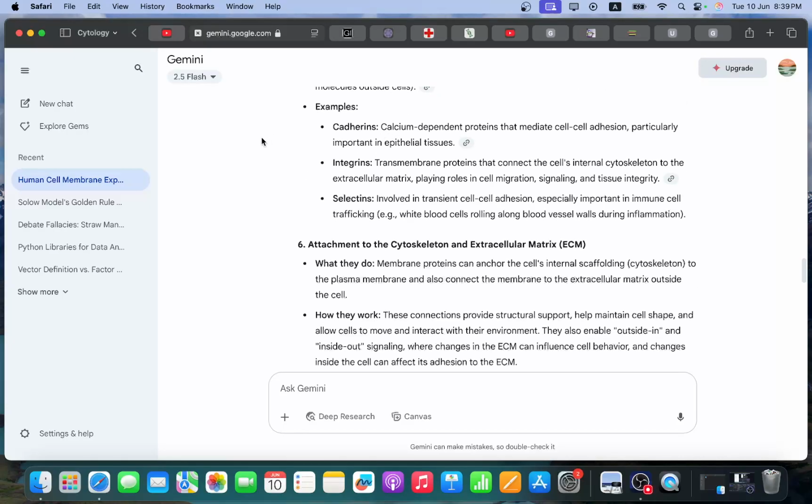Examples: cadherins, integrins, lectins. Do I have to read this? I don't think I'm going to.